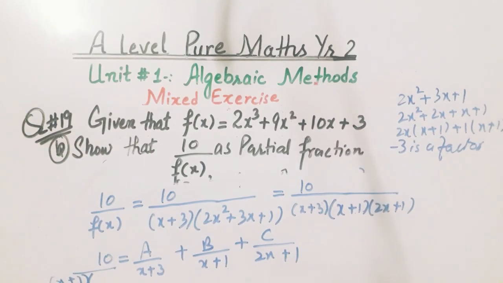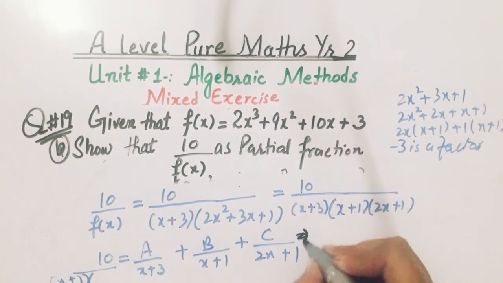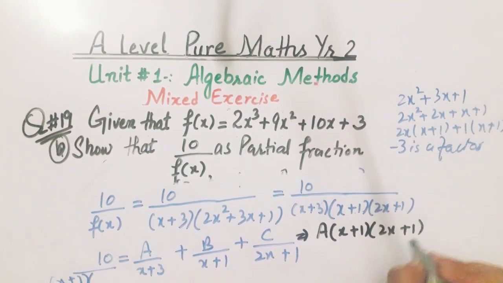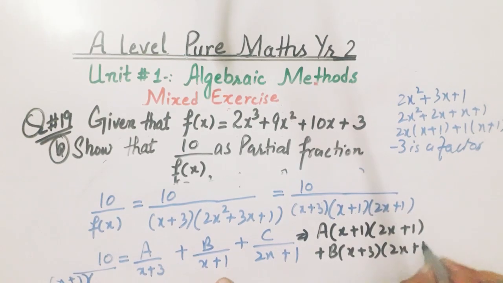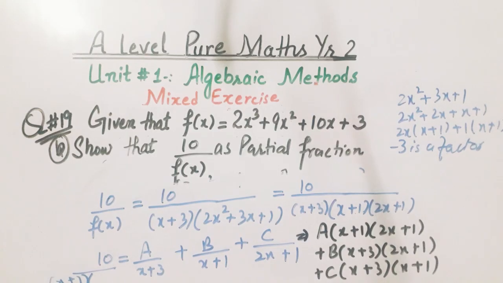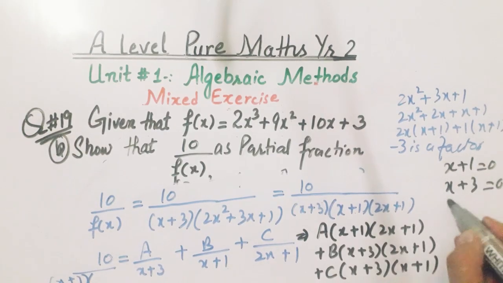Now by solving this we get the equation: A into x plus 1 and 2x plus 1, plus B into x plus 3 and 2x plus 1, plus C into x plus 3 and x plus 1. Now after solving this we will get their values by taking x plus 1 equals 0, then x plus 3 equals 0, 2x plus 1 equals 0. By repeating this process we will get the final answer.